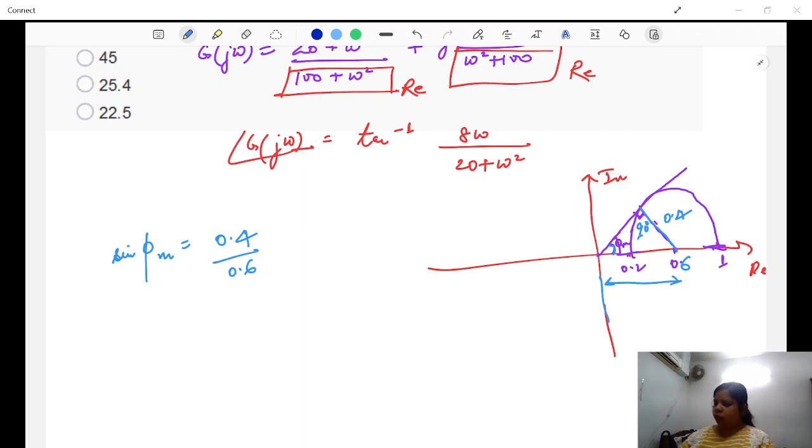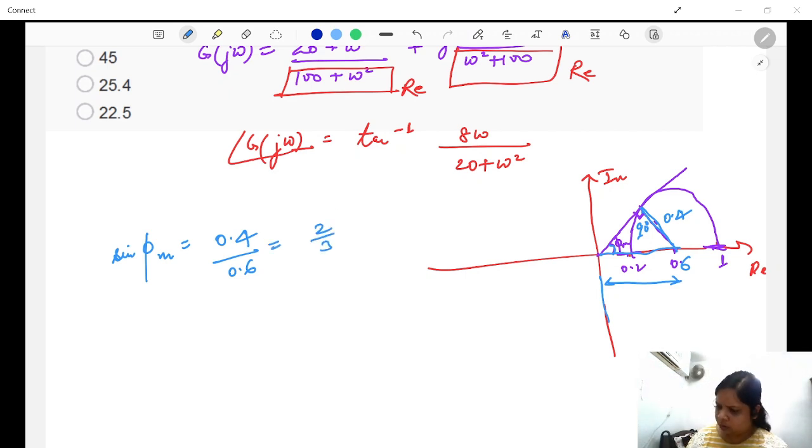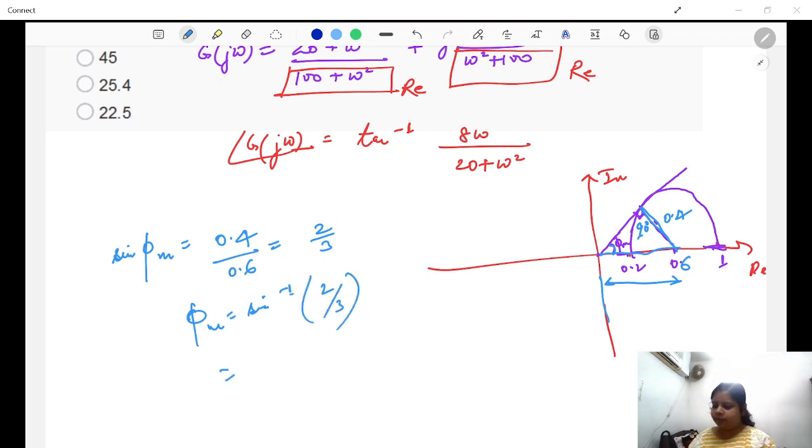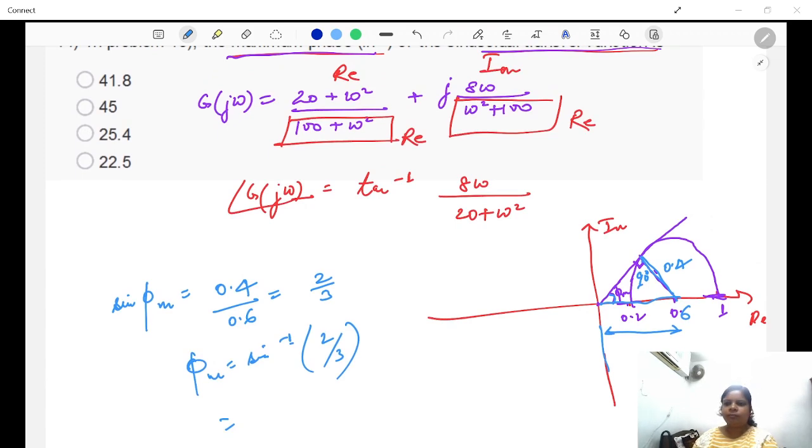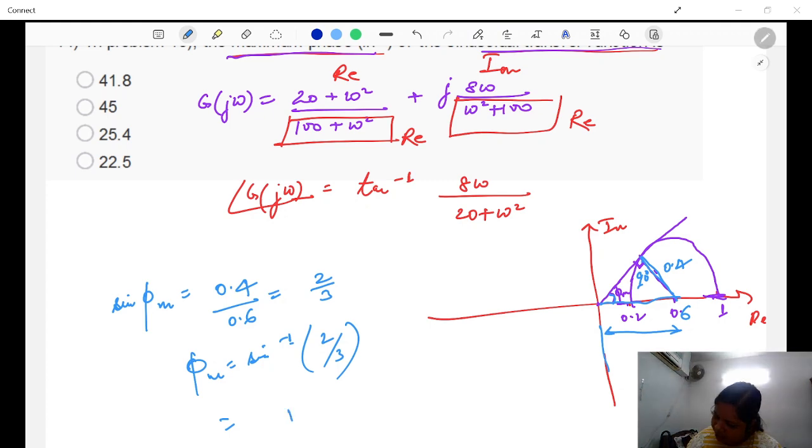So it is going to be the radius upon the distance to the center of the circle. So it is 2 upon 3. Find out sine inverse 2 upon 3. You'll get the answer. What is it? Yes, it's 41.8 degrees.